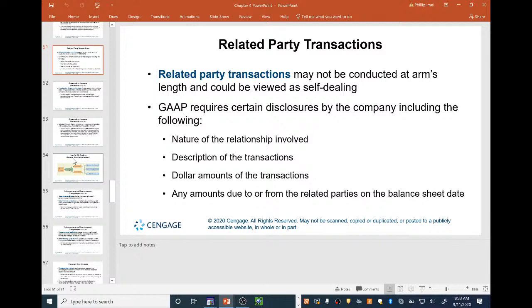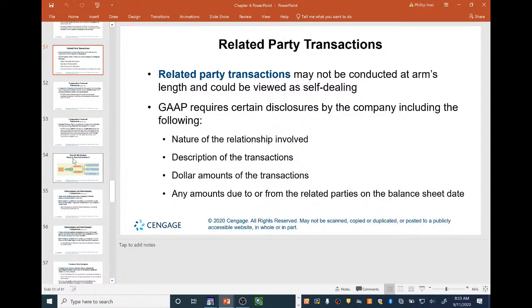But what we mean by arm's length is just a business saying, like an outsider, two independent people coming together and making a deal. That's an arm's length transaction. So it's going to be a more fairly stated price of whatever we're doing, right? Because you're gaining something of value if I'm selling you something, and I'm gaining something of value because I want to sell it, right? So that's an arm's length.